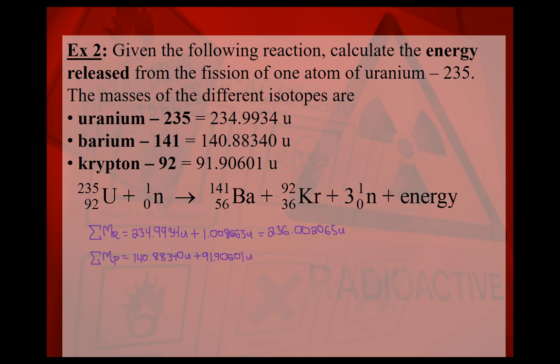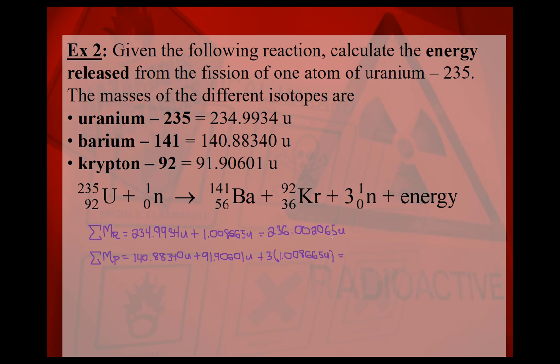By the way, these numbers are the actual masses, not the theoretical ones, so they're already accounting for that binding energy to hold them together. Plus we have 3 neutrons, so 3 multiplied by 1.008665 atomic mass units.